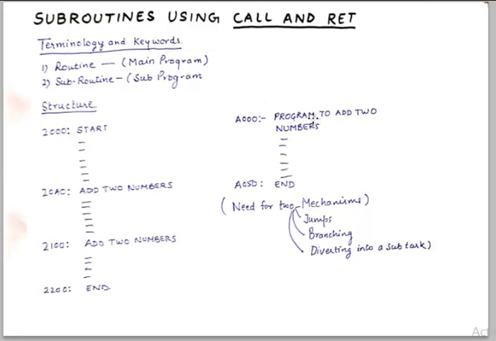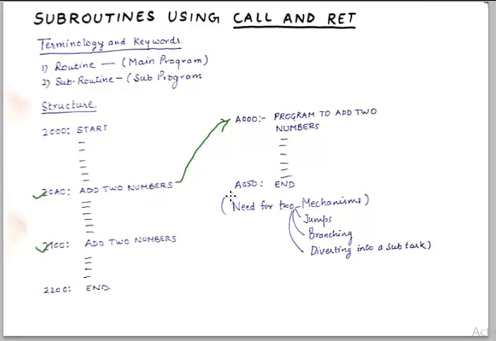I write a small little program to add two numbers, and whenever I get the need to add two numbers, I can simply jump to this location, execute these instructions to add two numbers, and come back. How can this be achieved? We know that our main program can go to a subroutine and then come back, and that way our program can become more modular and it makes more sense.